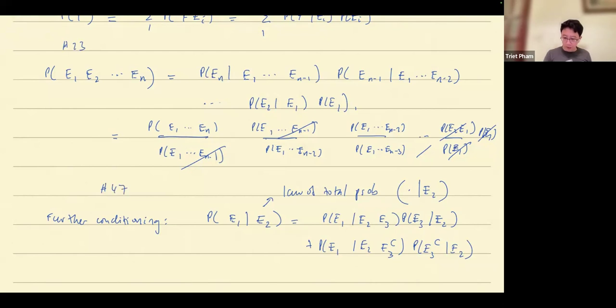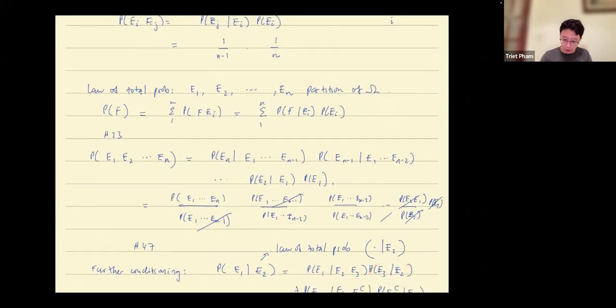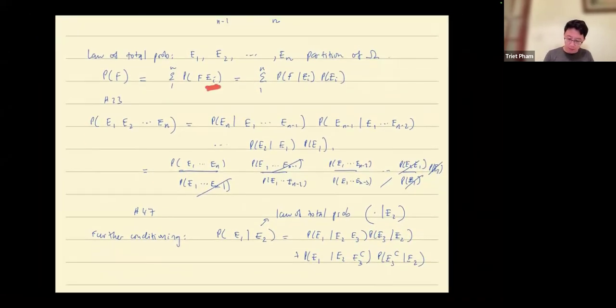And the point is that in number 47, the textbook tells you to check that when you condition on an event, then this acts like a probability, with the universe being E2. Therefore, with the universe being E2 now, if you further condition on E3, then you just do it like the law of total probability, like this.